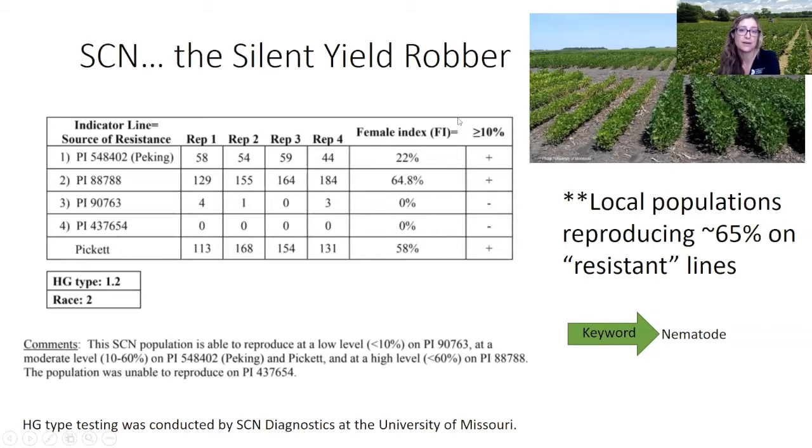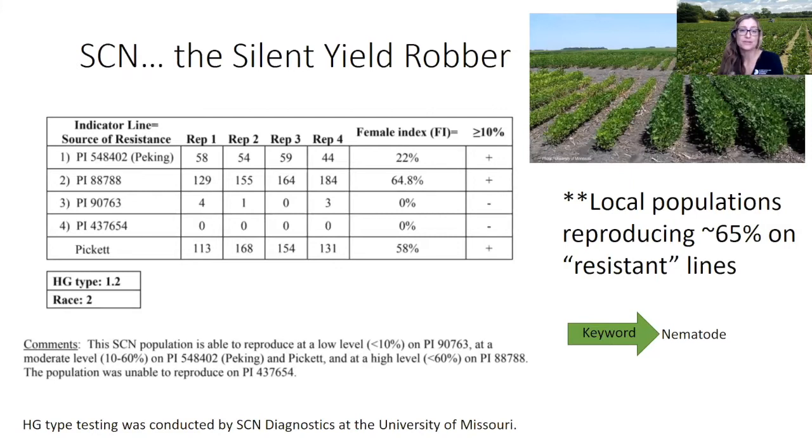So SCN is often dubbed the silent yield robber, and you don't really know it's there until you start looking for it. And especially if you have a case where it's across most of the field, you may have stunting, reduced yield that you don't even realize is happening. You might just think it's from just the way that field is.